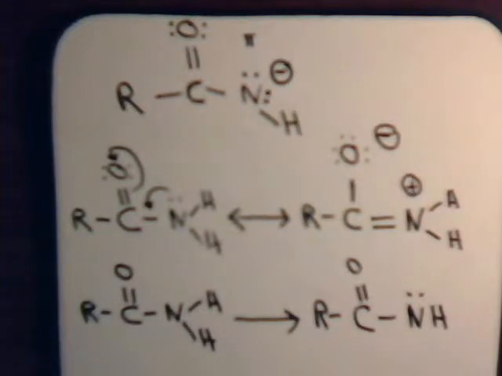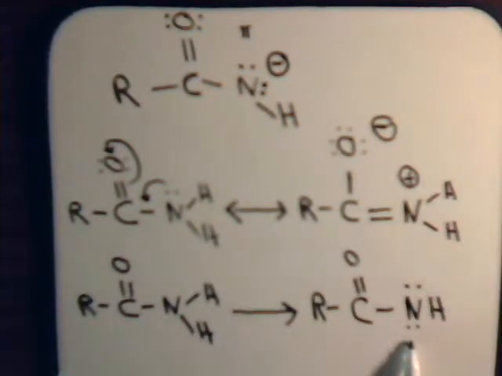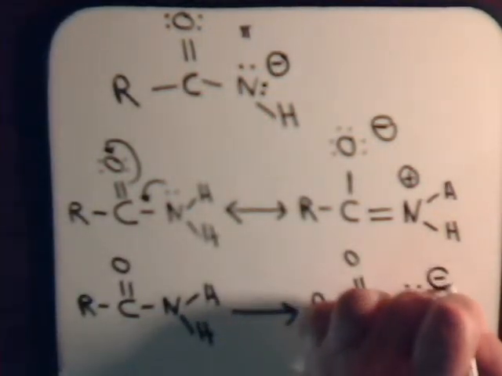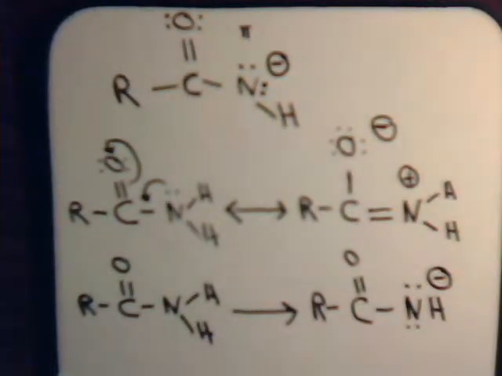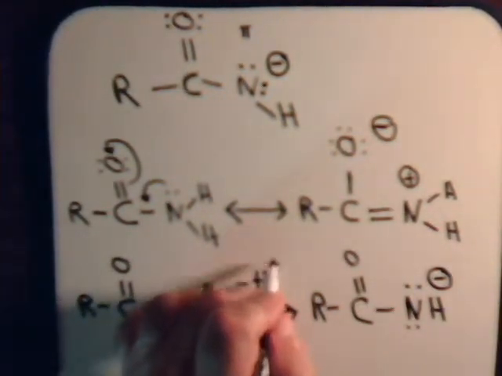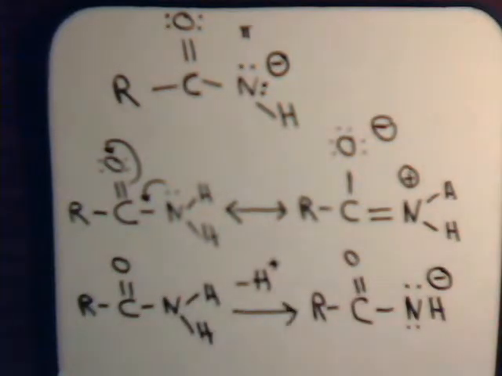It still does. And now it will also have a lone sp2 electron pair. From this, the hydrogen left and left its electron behind. And this has a negative charge. We'll just say minus H plus. Okay, so now we have an anion here.